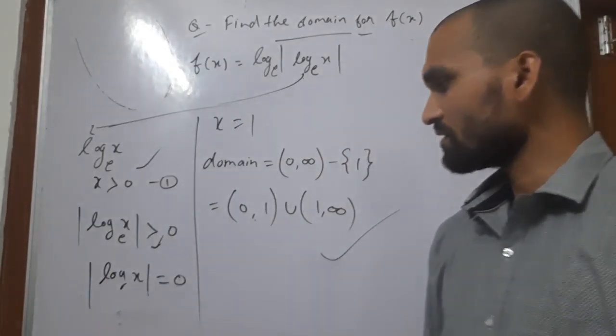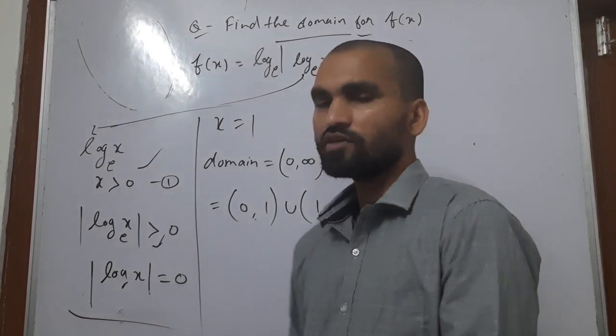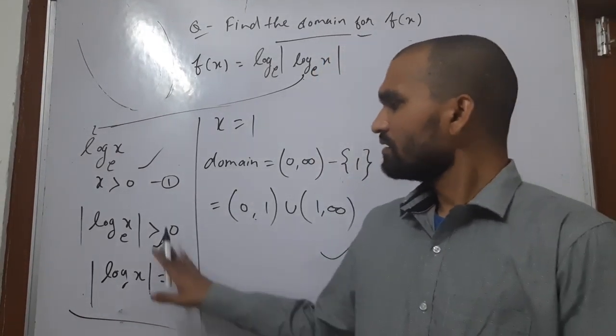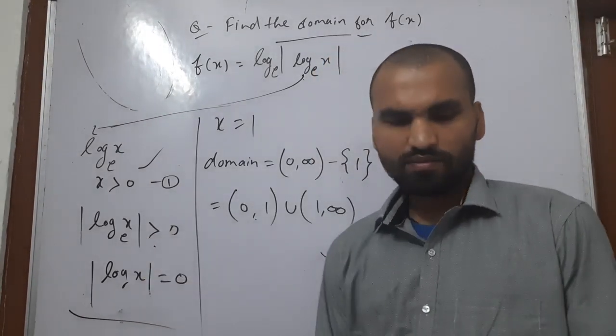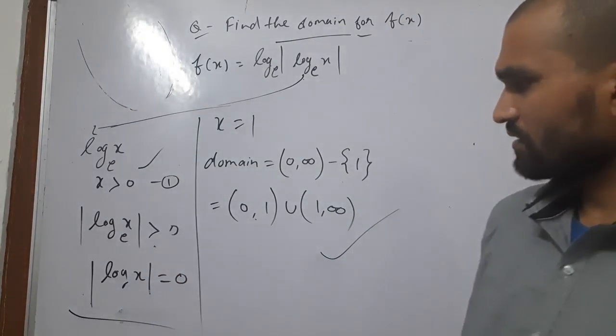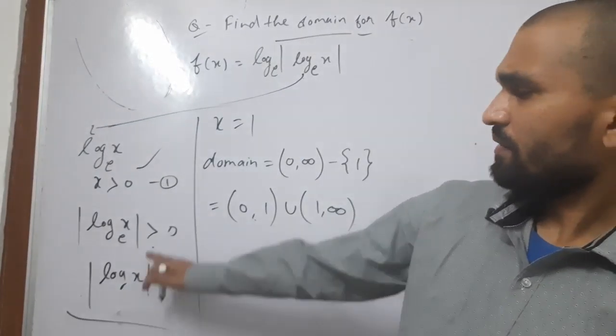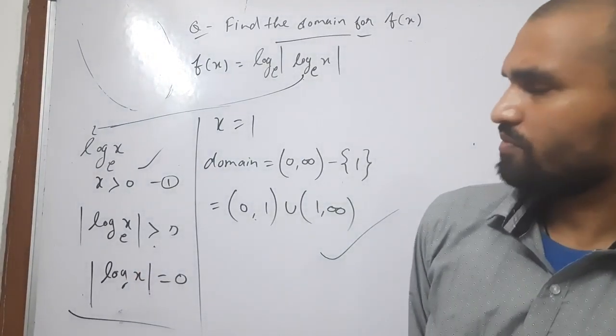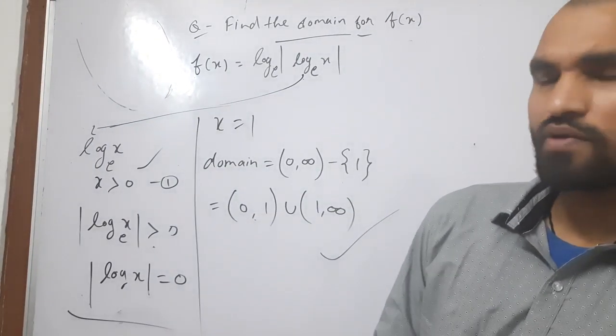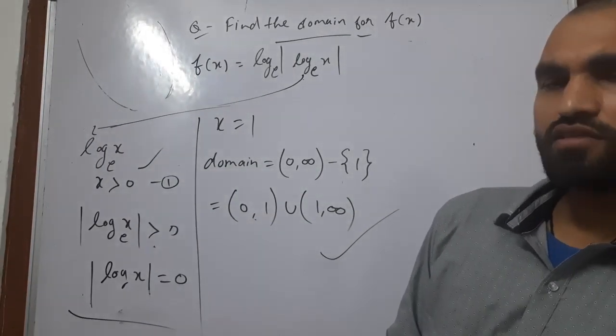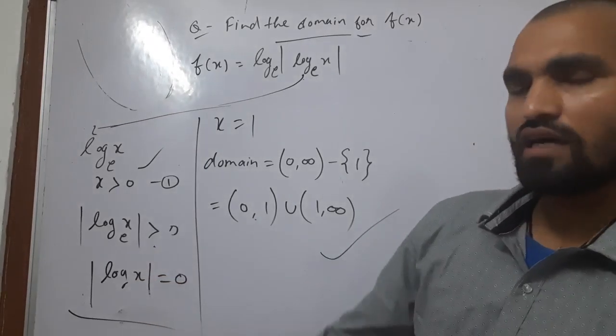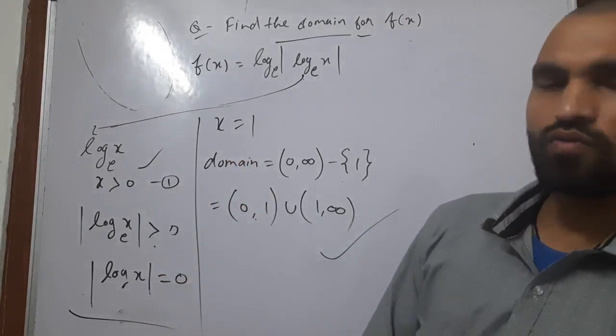Okay students, we should not get confused here, because according to the actual definition, modulus is always greater than or equal to 0, but we have to take only greater than 0. So we should remove those values where log x is 0. We know that log x at any base is 0 when x is equal to 1.